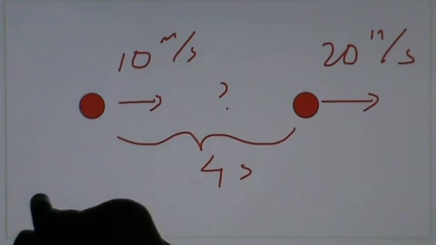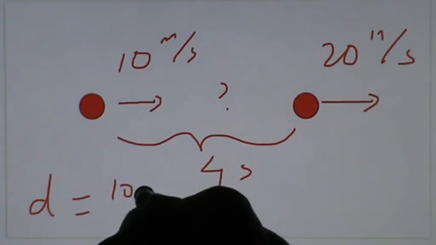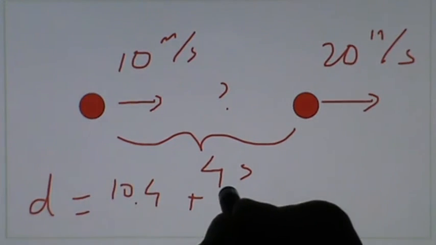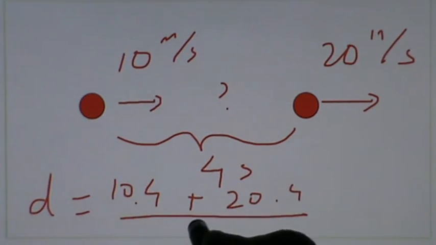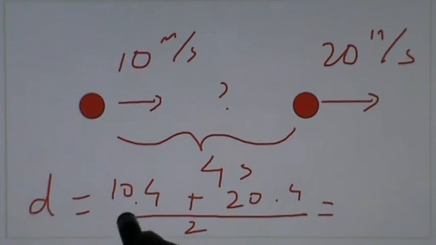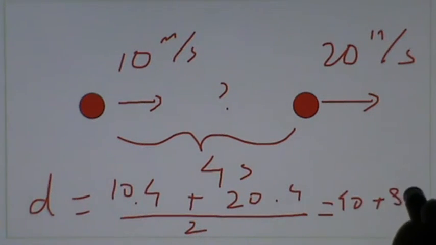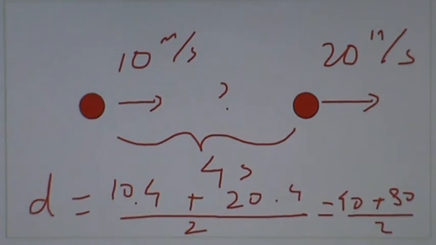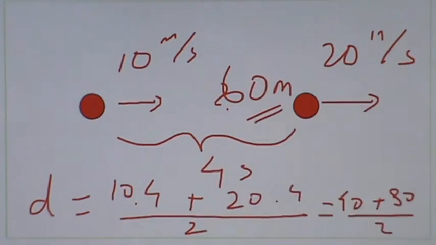You can find that the distance will be 10 times 4 plus 20 times 4 divided by 2. Or here you can get 40 plus 80 divided by 2. So the distance will be 60 meters.